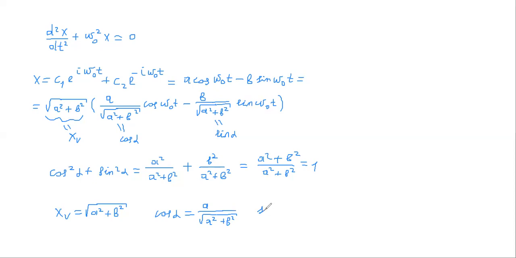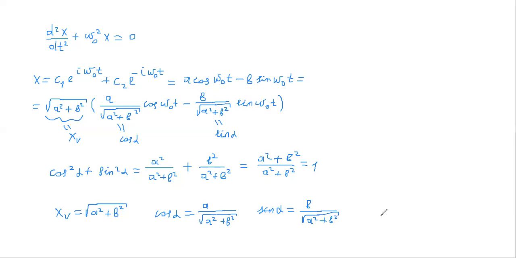Sinus alpha is equal to b divided by square root of a to the power of 2 plus b to the power of 2.